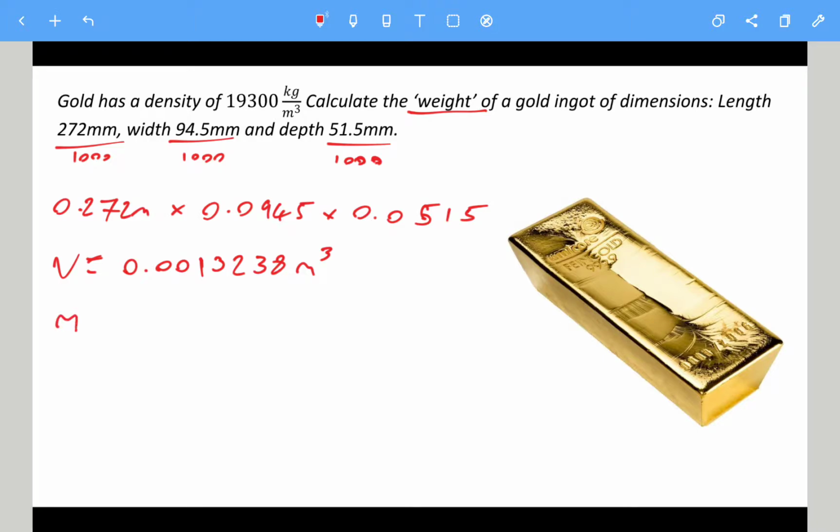So, and then mass is density times volume. So the density of gold is 19,300 multiplied by the volume that we've got, which is the 0.0013, so on. I'm going to use the full number in my calculator, so I'm just going to multiply what I've just calculated by 19,300, which gives us a mass that is equal to 25.5 kilograms.